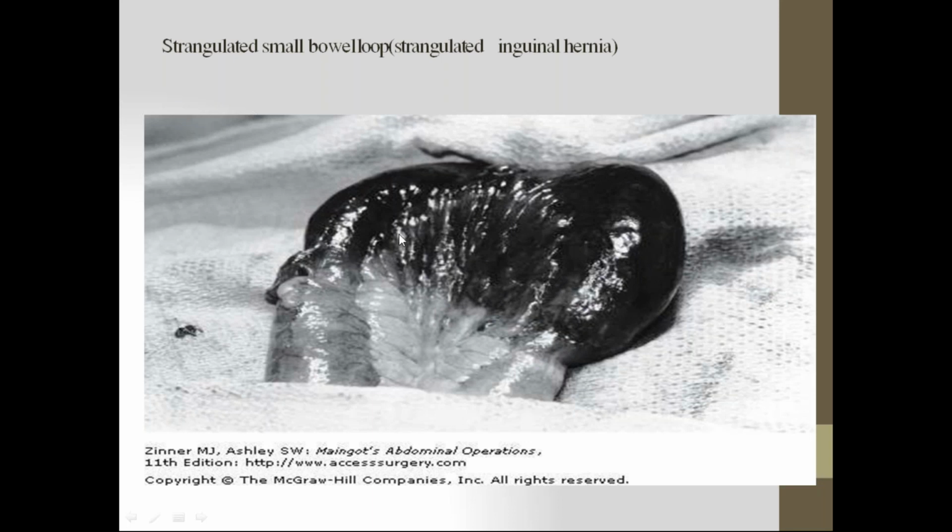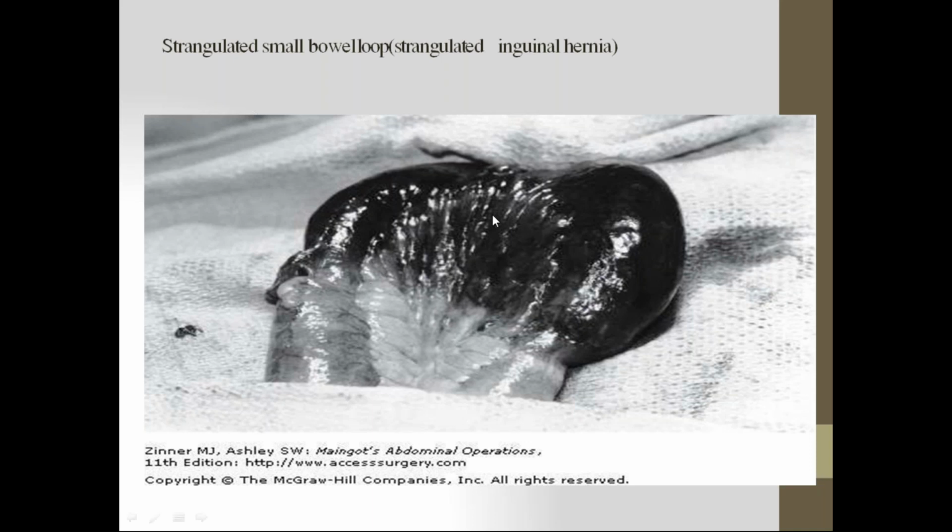Arterial supply gets cut off, and then venous return is also compromised, leading to gangrene of the bowel. It's a septic state, and it should be proceeded to surgery urgently.